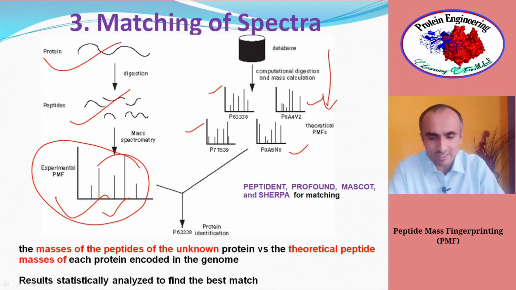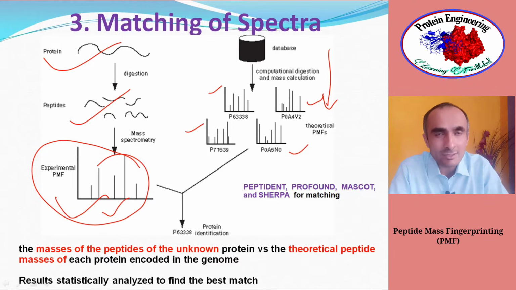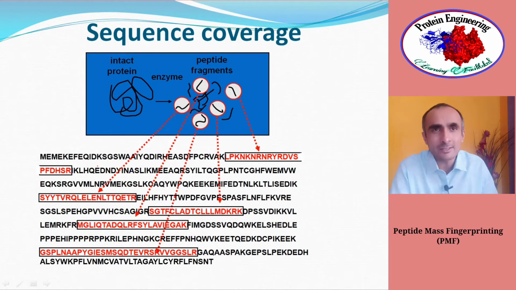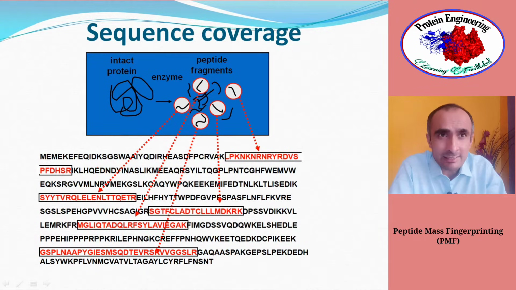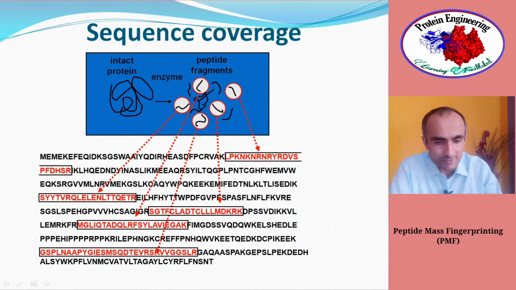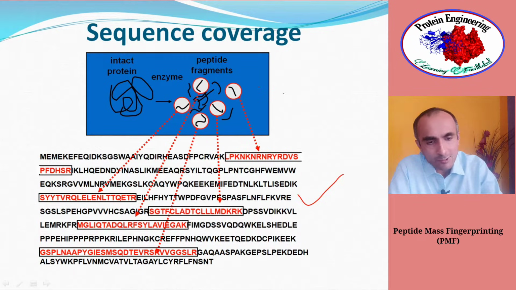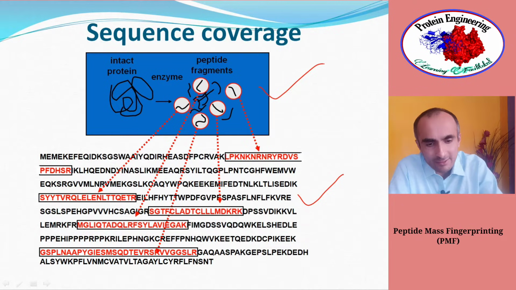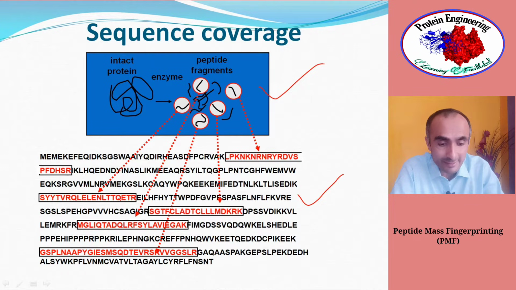And this matching is statistically analyzed. Statistically analyzed means how much is the matching. It should be the best out of all the theoretical spectra available, and one of the parameters of statistical analysis is sequence coverage. For example, this is the sequence of a protein, and here you have the experimental peptide list. You see that not all the peptides are matching with the theoretical sequence.